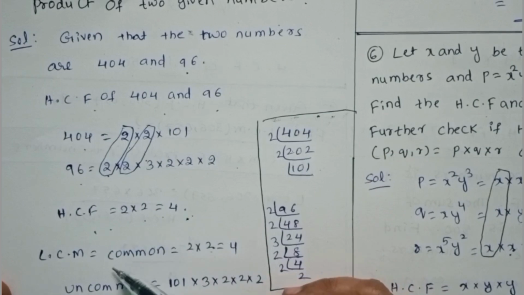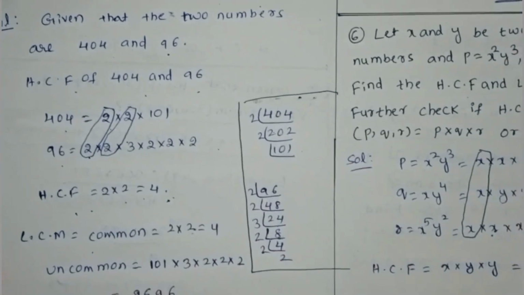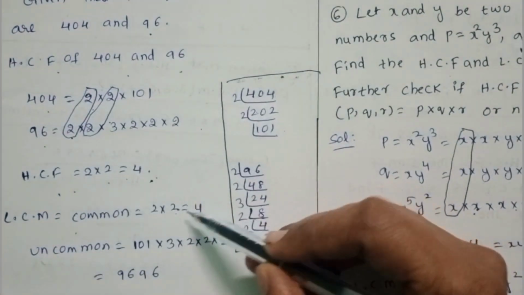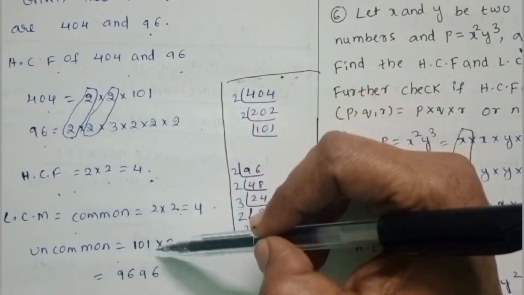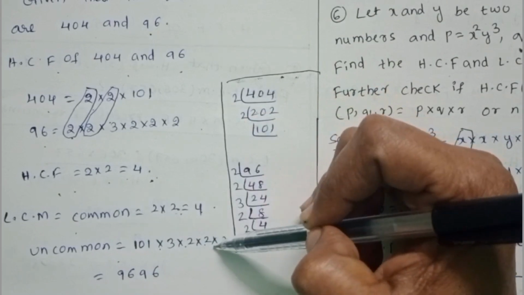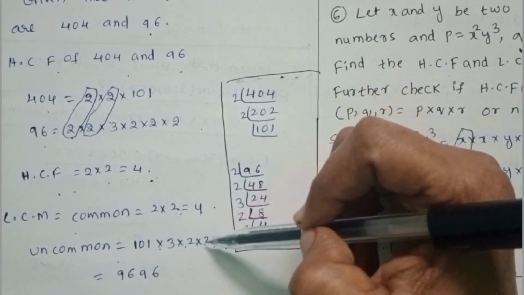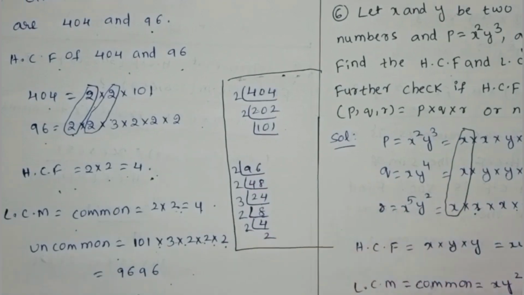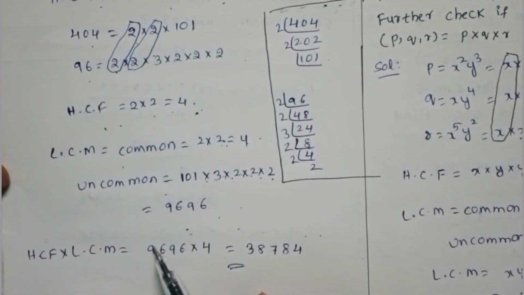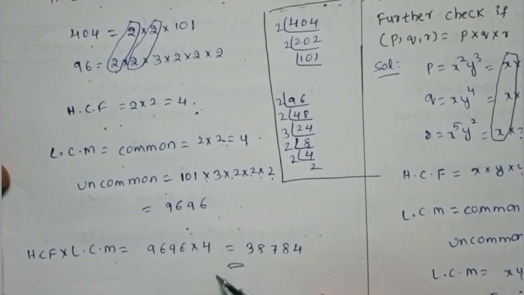Again find the LCM. To find the LCM, take the common factors, that is 2 into 2, and the uncommon factors are 101 into 3 into 2 into 2 into 2. If you multiply these numbers, you get 9696. Here find the product of HCF into LCM, that is 9696 into 4.